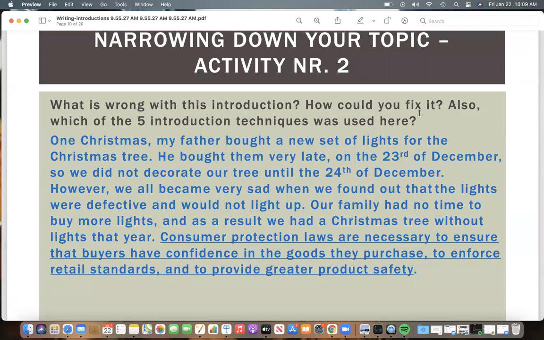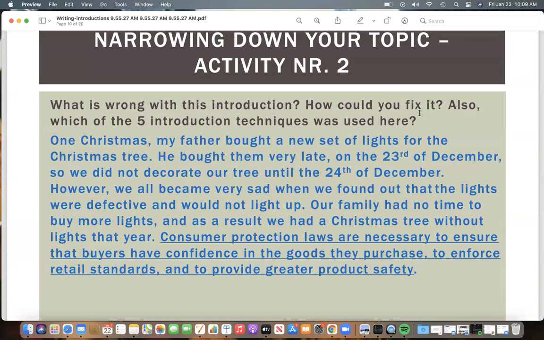He bought them very late on the 23rd of December, so we did not decorate our tree until the 24th of December. However, we all became very sad when we found out that the lights were defective and would not light up. Our family had no time to buy more lights, and as a result, we had a Christmas tree without lights that year. Consumer protection laws are necessary to ensure that buyers have confidence in the goods they purchase, to enforce retail standards, and to provide greater product safety.